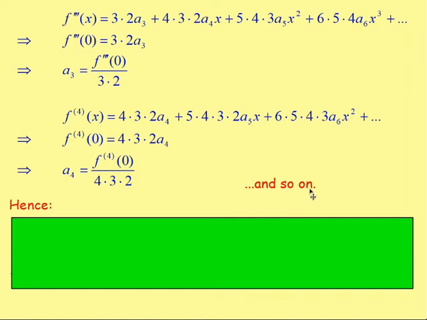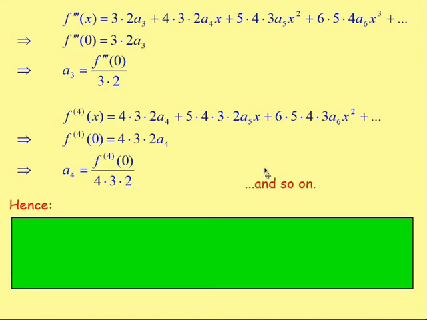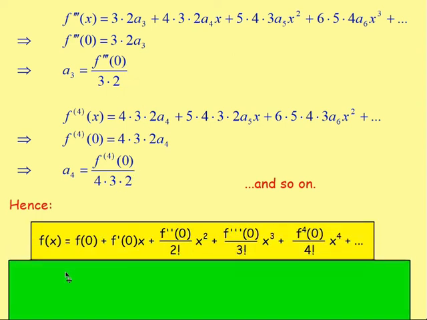If you're still awake and you're still with me, then you will see that if you go back to this magical formula just up here, f of x equals a0 plus a1x plus a2x squared, and so on, and you replace a0, a1, a2, a3 with these values that we have found, then we come up with this.